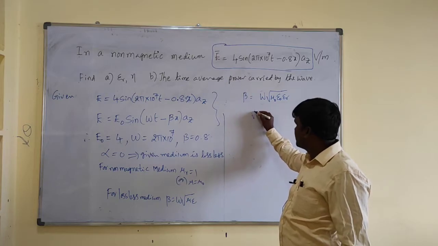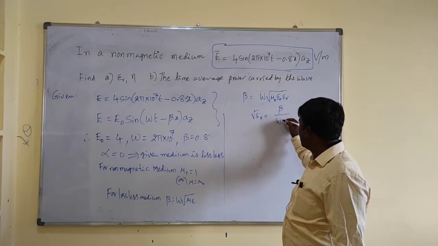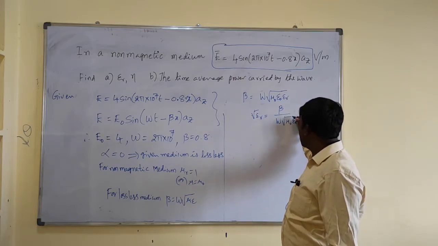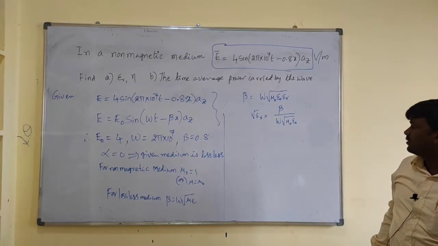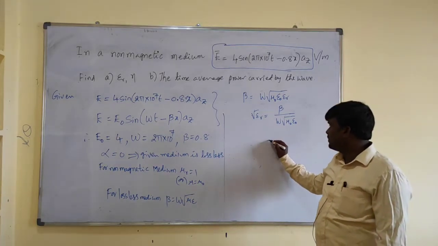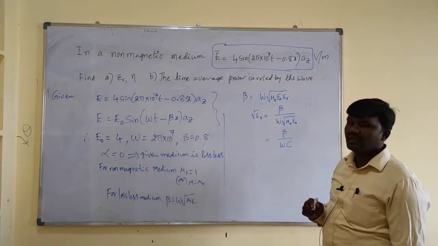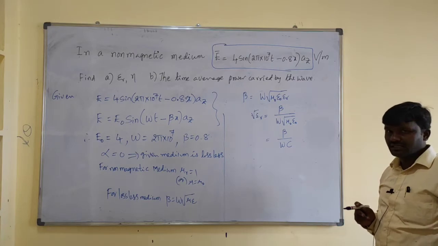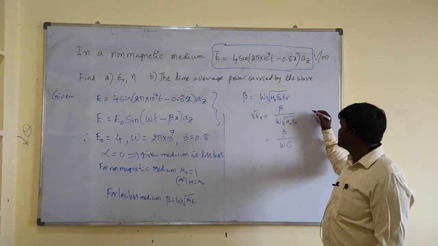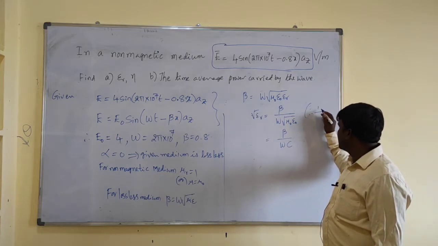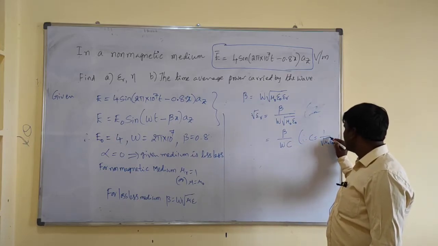Now root epsilon r can be written as beta by omega root mu naught epsilon naught. That equals beta by omega times c, since c equals 1 by root mu naught epsilon naught.